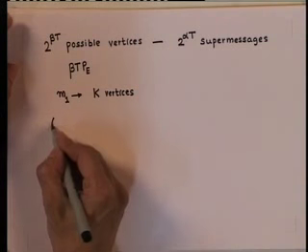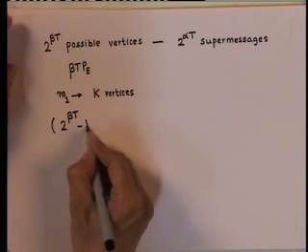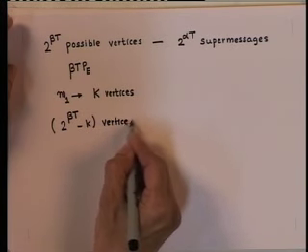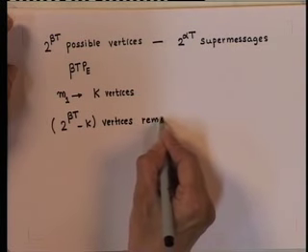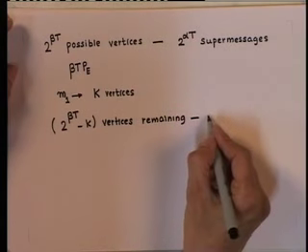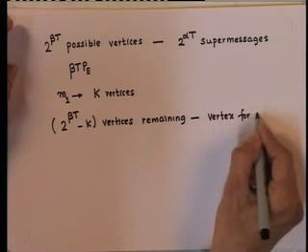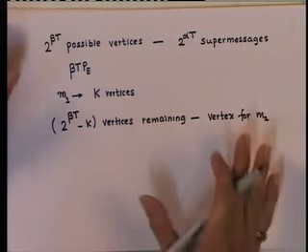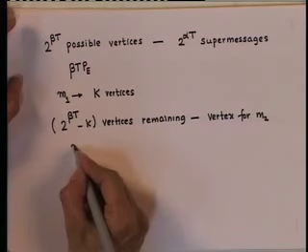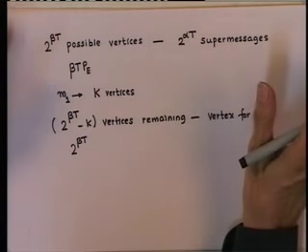Then from the remaining 2 raised to beta t minus K vertices, we choose another vertex for M2. We proceed in this way until all the 2 raised to beta t vertices are exhausted.